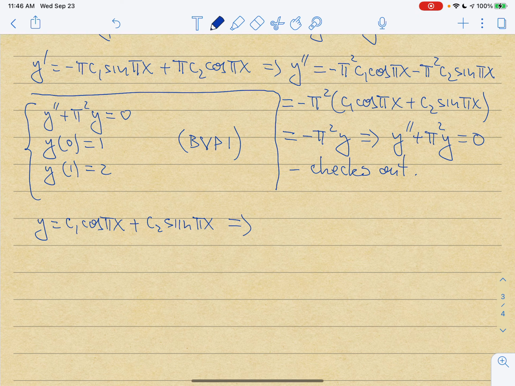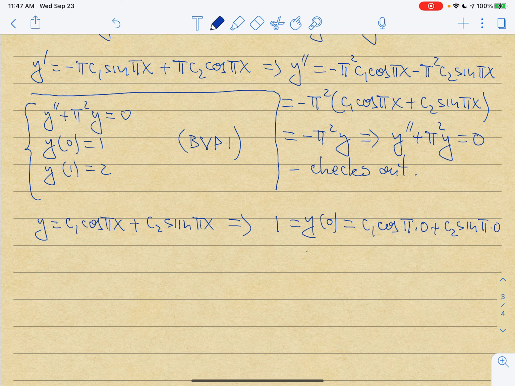So then, if I evaluate y at 0, I want that to be 1. At the same time, y of 0 is c1 cosine pi times 0 plus c2 sine pi times 0. Okay, so that's the first condition.